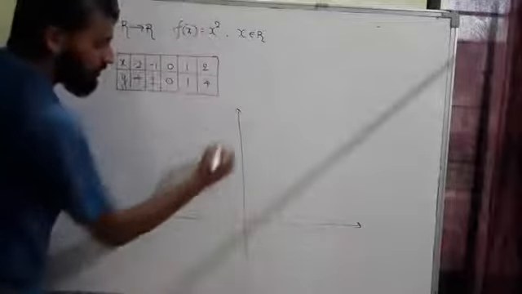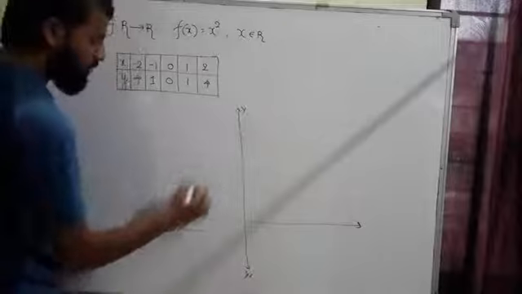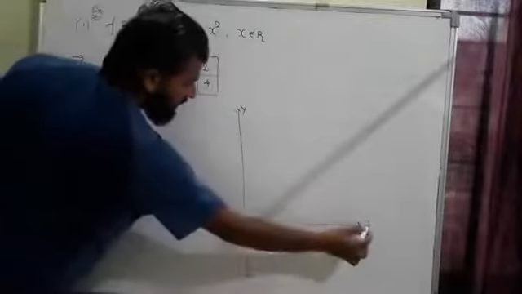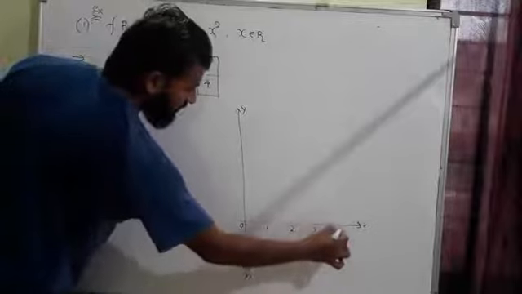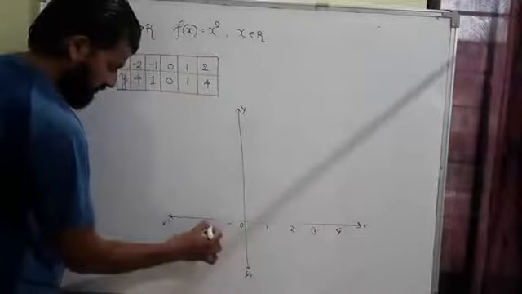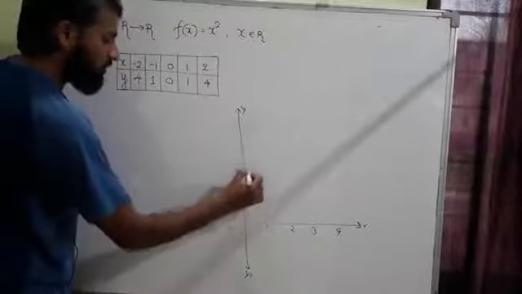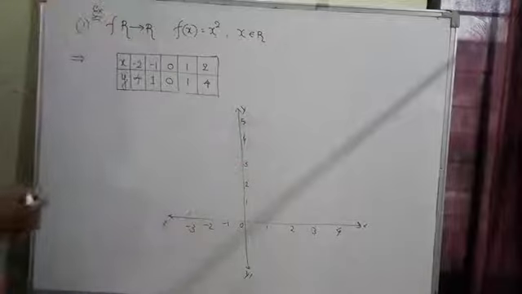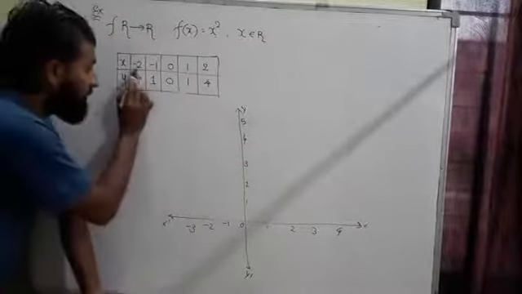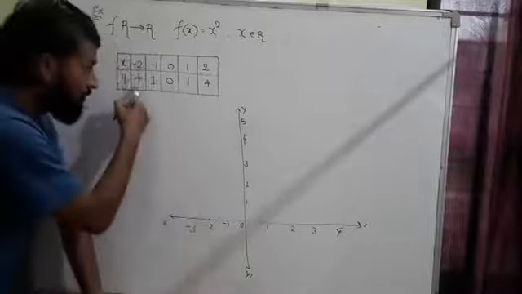Let's see how it looks like. This is y dash y, x dash x, 0, 1, 2, 3, 4, -2, -3, 1, 2, 3, 4, and 5. So see, dear friends, if I take x as -2, y will be +4.